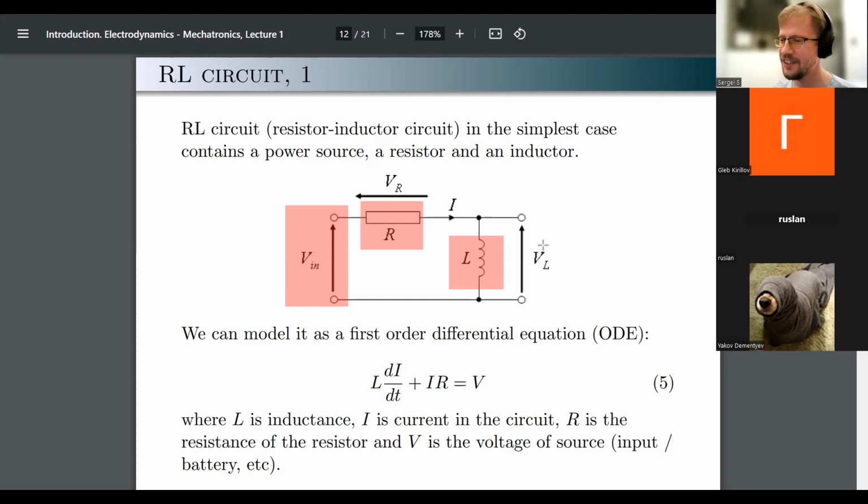Now, with the inductor, a scary way to approach it, the way that I'm not going to use, is to start thinking about it as a coil of wire, where according to the laws of electrodynamics you have magnetic flux, electrical and magnetic fields interacting and so on.